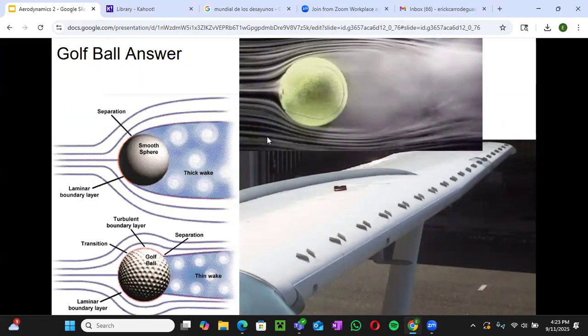So, does anyone have an answer for the golf ball thing? Like why a golf ball travels fast? I took golf. Yes. So what happens is that on an airfoil, or just a regular ball, for example, we have air passing over it. But for lift to be generated, you need air passing over the whole area. You can't just have it separating at one point.